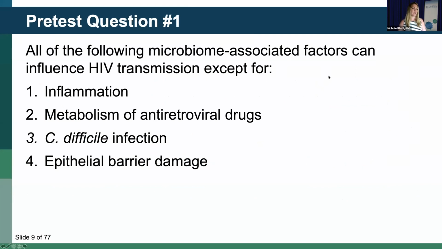Choose the one that has not been associated with HIV transmission. Very good. It looks like most people think that C. diff has not been associated with it, followed by metabolism of antiretroviral drugs. And again, we'll come back to this after the presentation.